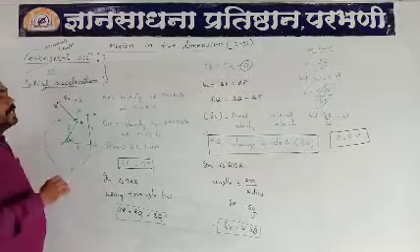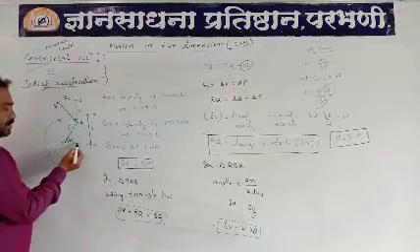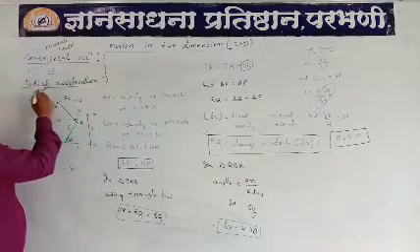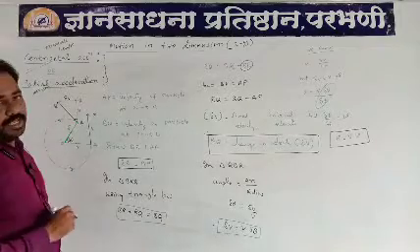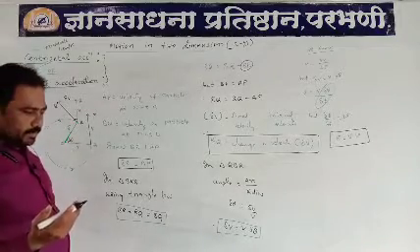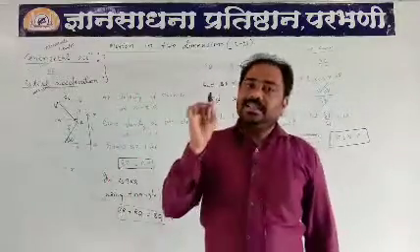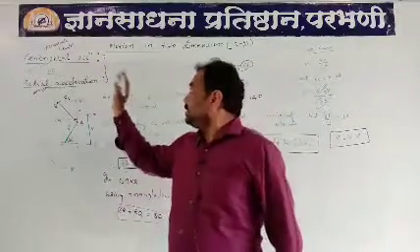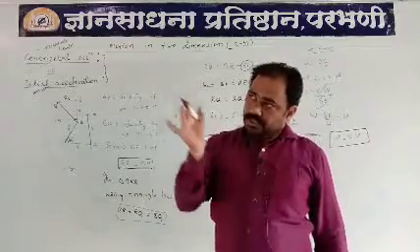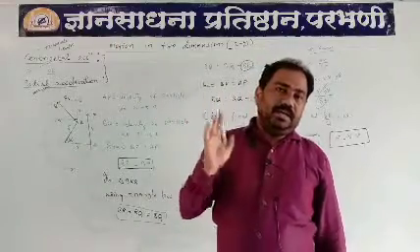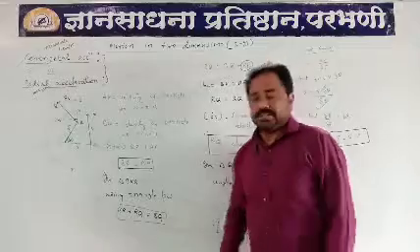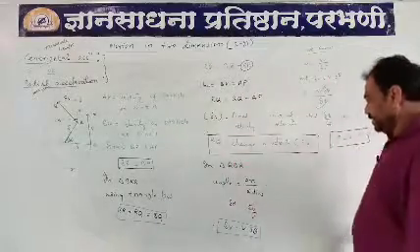It is also called radial because it is along the radius. So a particle performing circular motion has acceleration towards the center along the radius, called centripetal or radial acceleration.